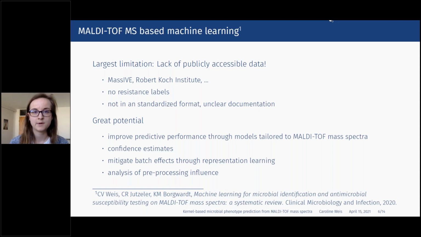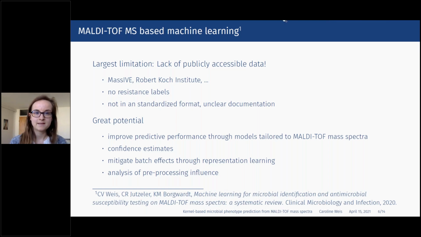So antimicrobial resistance prediction is not feasible. And also often these data sets are not in a standardized format, or the documentation would be unclear to someone who doesn't have a strong background in MALDI-TOF. So it's not exactly an easy entry for machine learning groups working on computational biology to get into this field and start looking into these problems.